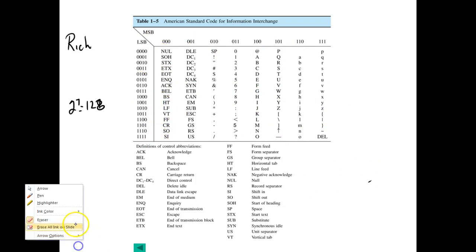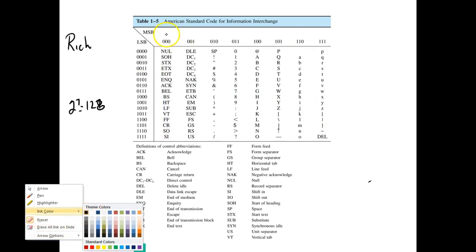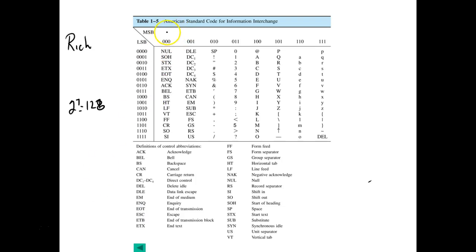I'm going to come across the top and put hex up here: 0, 1, 2, 3, 4, 5, 6, 7. We don't have to go any further. And over here I'll put 0, 1, 2, 3, 4, 5, 6, 7, 8, 9, A, B, C, D, E, and F.